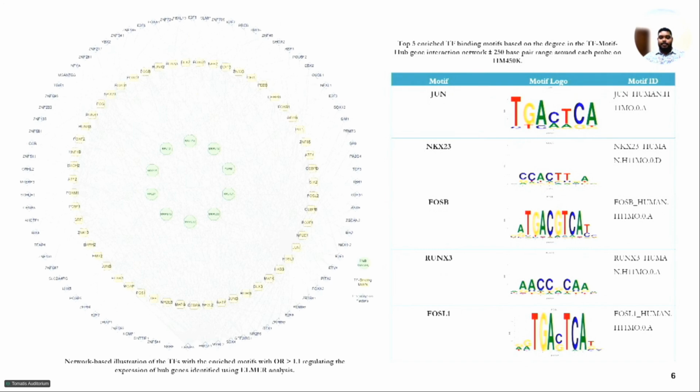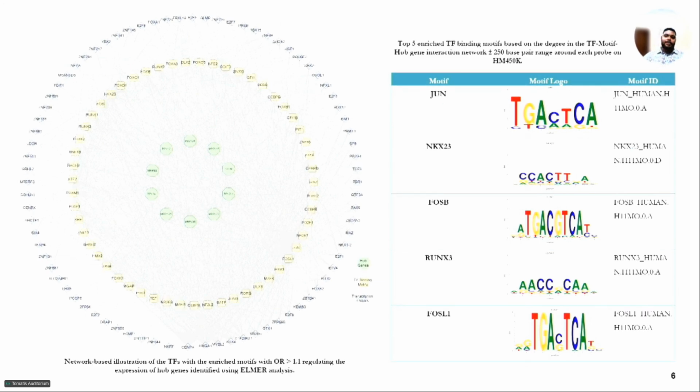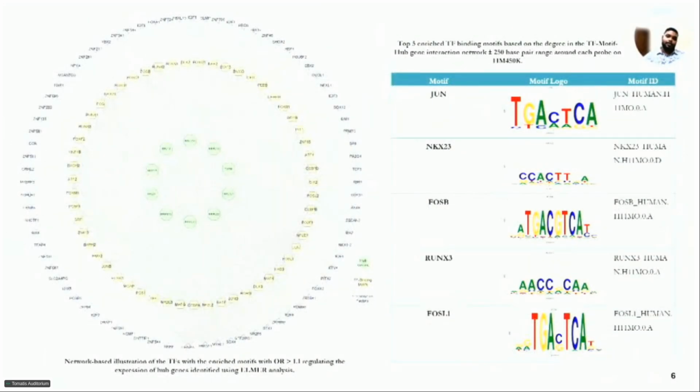These transcription factor binding motifs were investigated at 250 base pairs up and downstream of the human 450K platform probes, illustrated using an odds ratio greater than 1.1 as significant ones. And the top 5 were listed for the hub genes which we identified.